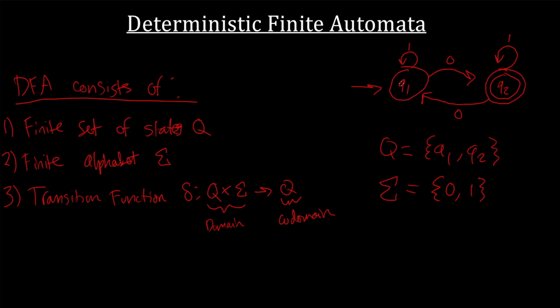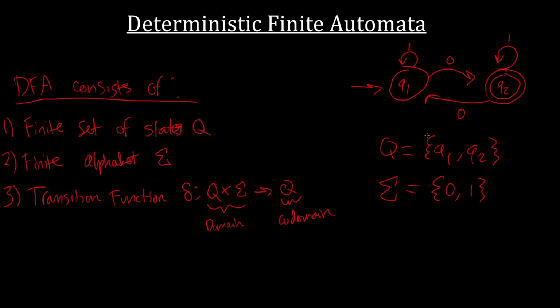You'll notice here we have a transition on Q1 for the characters 1 and 0, and the same holds for Q2. We have a transition for the character 1 and the character 0. To make this a lot clearer, if I were to erase this 0 transition here, this is no longer a valid DFA because we don't have a transition for the character 0 on the state Q2. So we need to have a transition for the character 0 for this to be valid. The important thing here is that every state must have a transition for every character.